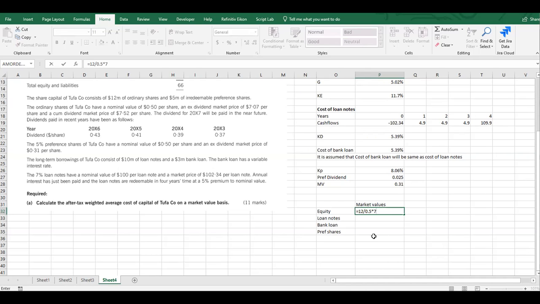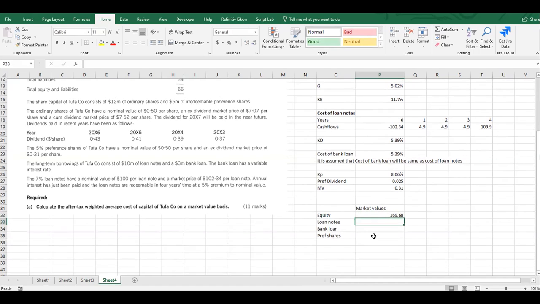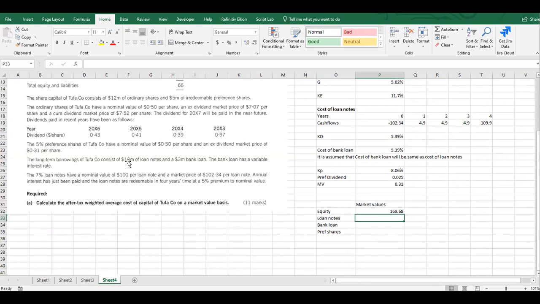Into 7.07. Loan notes. Loan notes की book value 10 million. Divide by par value 100 into market value 102.34.